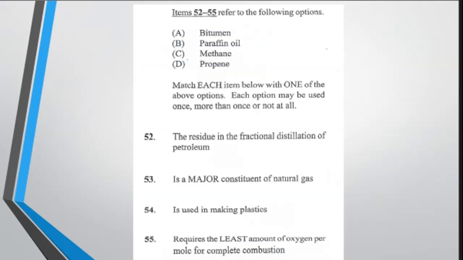Diesel has more carbons. So while the person who puts super gas in their engine is coming every couple of days to put gas, the person who is using a diesel engine can put gas at the start of the week and it can last them for the whole week, right? That's the difference between them. Now, if you are driving a vehicle, do not go and put diesel gas inside of your super engine, right?